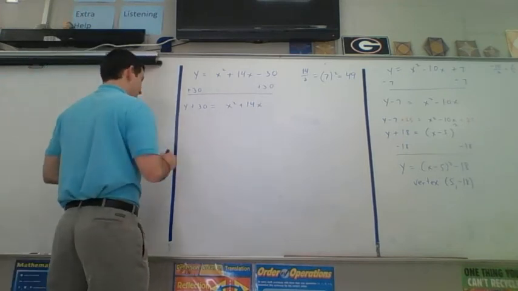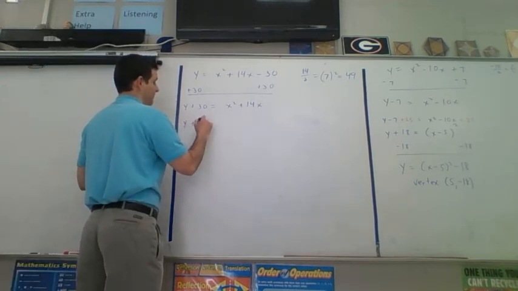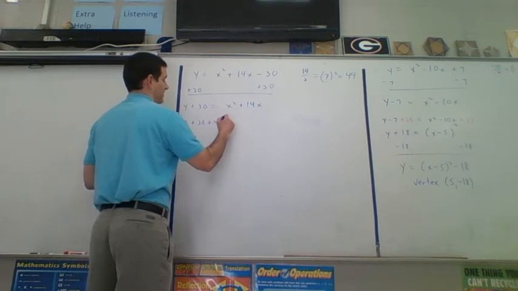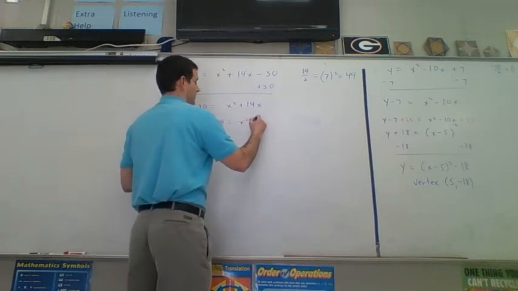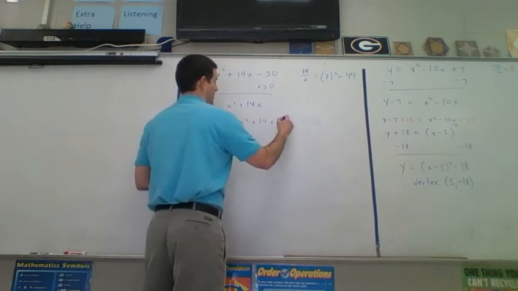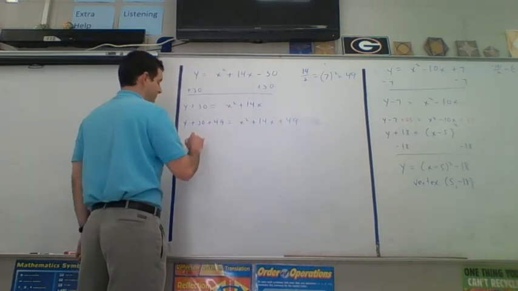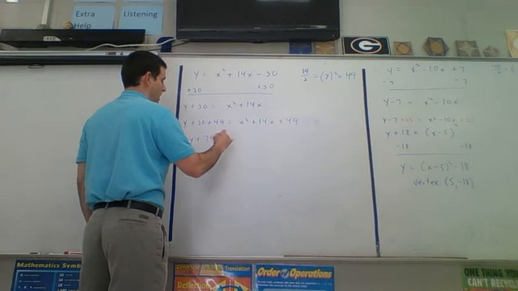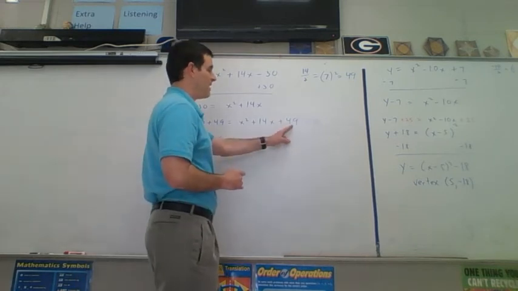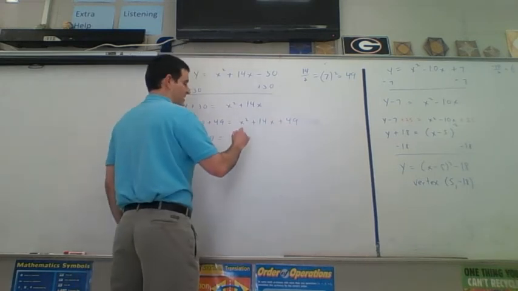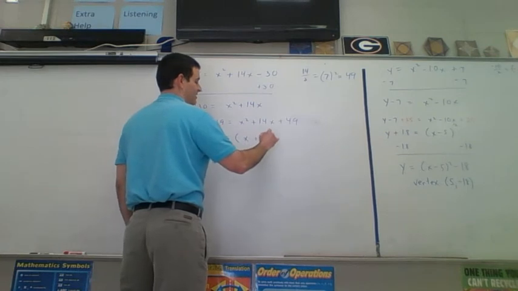I'm going to add that to both sides. Combine. Two numbers that multiply give you 49 and add give you 14. That would be 7 and 7.